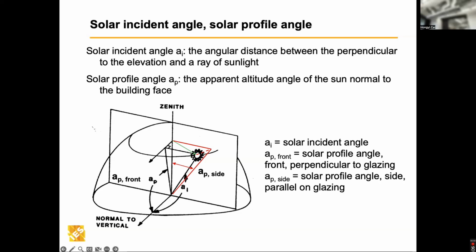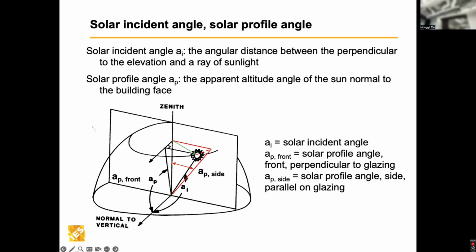So this angle should be the angle right here. Because you have your sunlight coming in at this point, and your normal to your window gradient is this way, so the incident angle should be the angle right here. Or if you use the other half to show it, it will be this way.